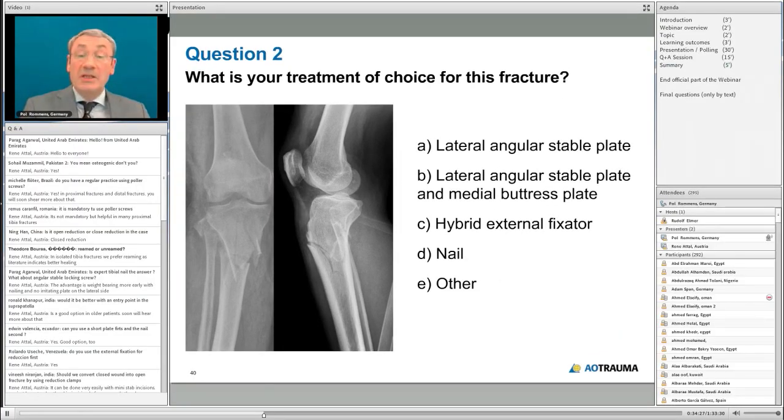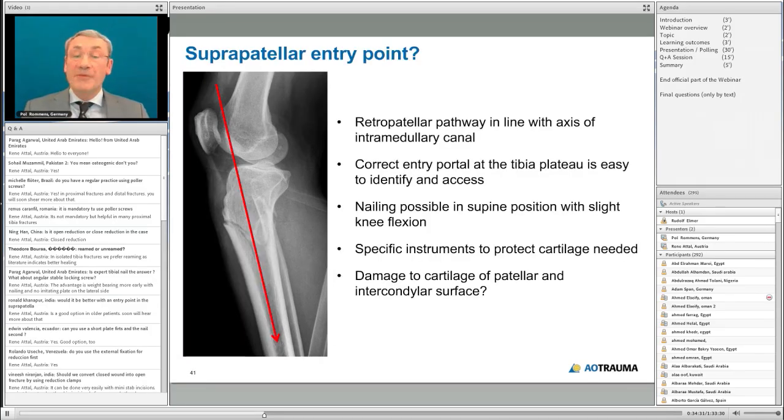So you see now what we did. If you analyze the lateral view of this fracture and you draw a line in the center of the endomedullary canal and you follow this line more proximally, you will see that this line is just situated in the retropatellar space.